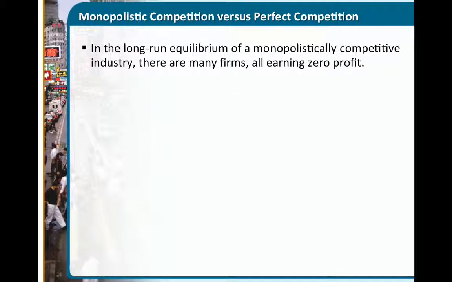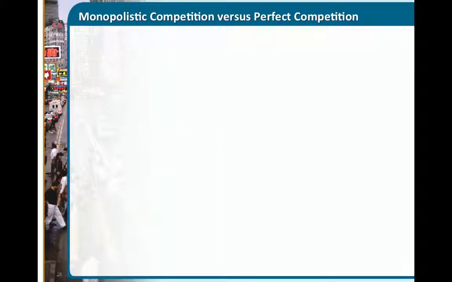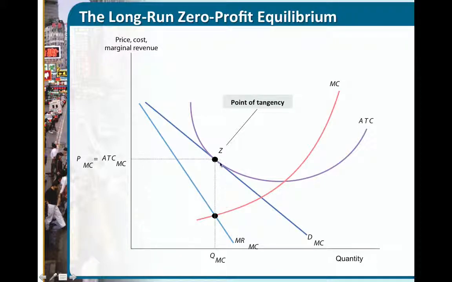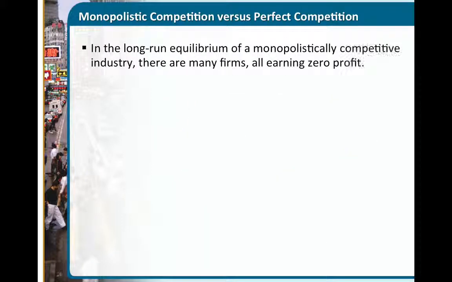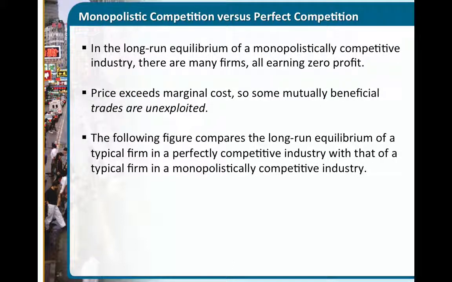So in the long run, there are many firms all earning zero economic profit, not accounting profit. Price, as you'll see, is larger than marginal cost, so there are some beneficial transactions that won't take place. And that's the difference between monopolistic competition and perfect competition.